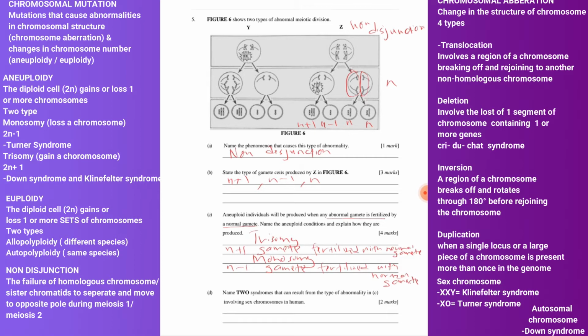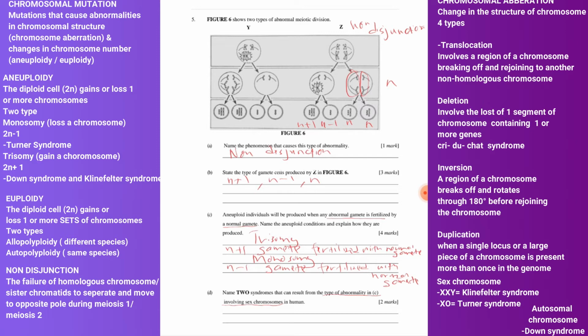Okay, name 2 syndromes that can result from the type of abnormality in C involving sex chromosome in human. Type of abnormality here in C, either trisomy or monosomy, but involving sex chromosome. Down syndrome does not involve sex chromosome. Down syndrome is an extra chromosome at autosomal chromosome.